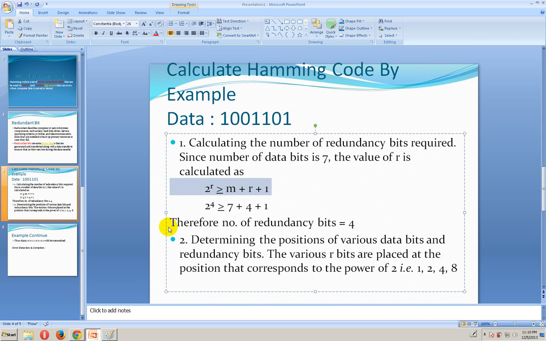Here, r equals the redundancy bits, m equals the data bits. So r is the redundancy bit, which we need to find. We already know m is 7, so m equals 7.